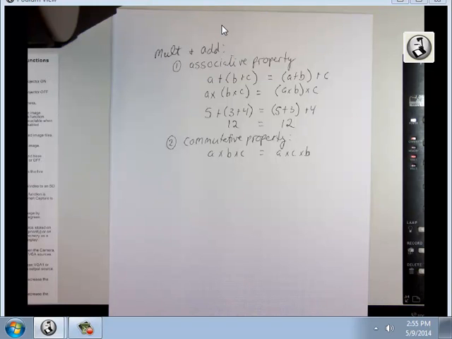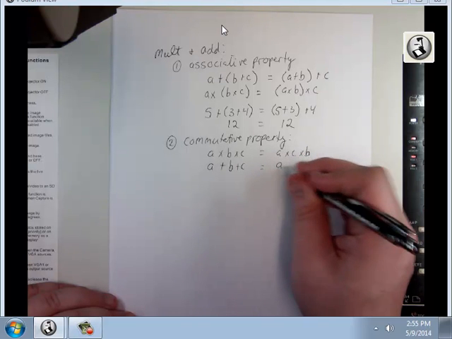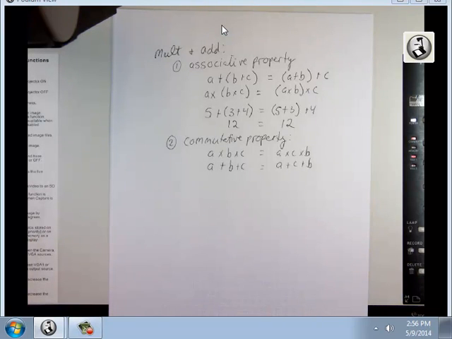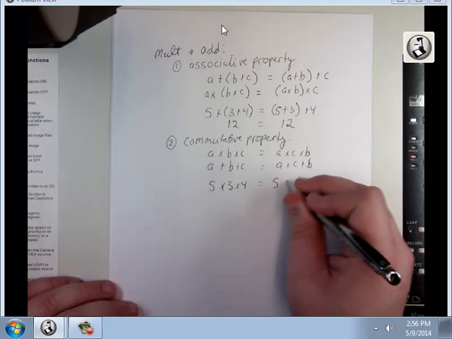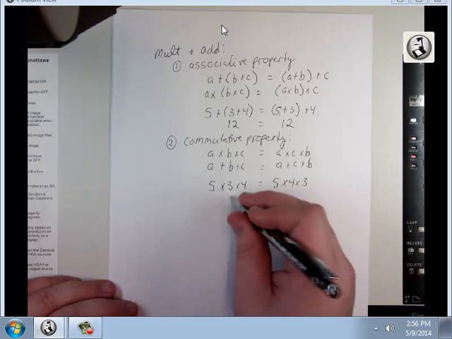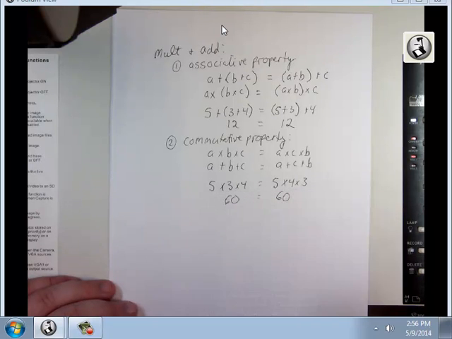A plus B plus C equals A plus C plus B. As long as I keep signs the same and stay at the same level of PEMDAS, so I stay at multiplication, I stay at addition, I can rearrange them. 5 times 3 times 4 equals 5 times 4 times 3. 5 times 3 is 15. 15 times 4 is 60. Well, 5 times 4 is 20, times 3 is also 60. Alright, so that's commutative and associative property.